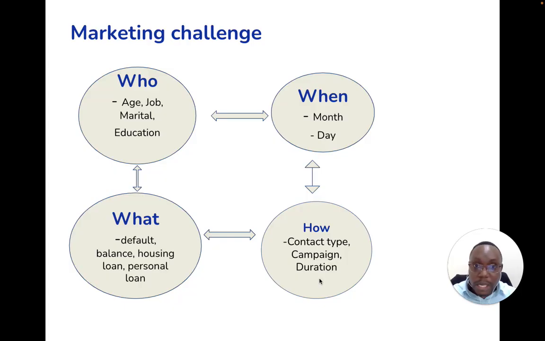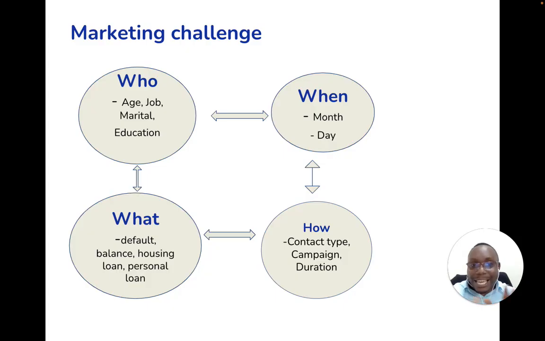So this is really the marketing mix challenge that we have to deal with. We have characteristics about who the customer is, the age, the job, the marital status, the education, when the contact was made, the month and day, and whether they have a default on previous loans, the housing loan, personal loan, etc., and how the contact was made, whether by phone, the number of calls, and the duration of those calls.